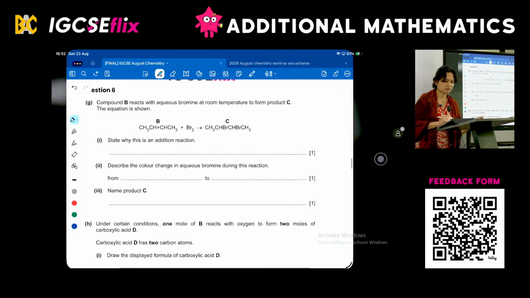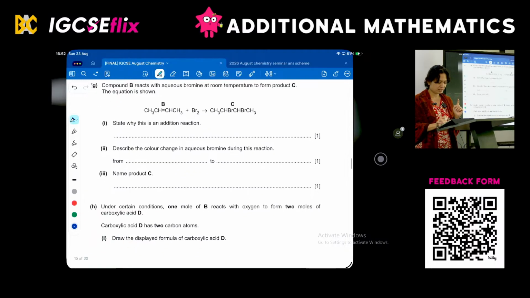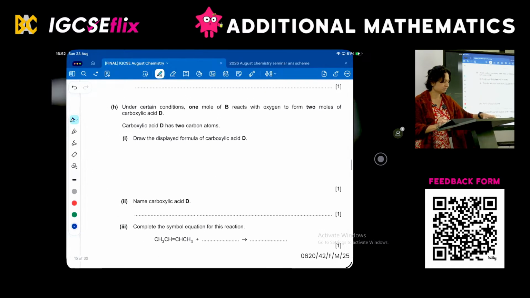I'm sure you can do 1, 2, 3. Okay? I'm sure 100% you can do G 1, 2, 3. H is a little bit higher order thinking skills.